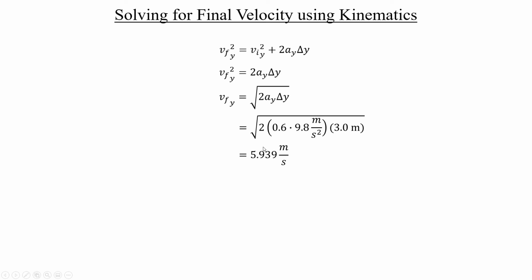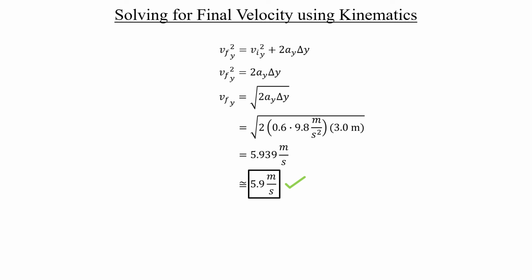So if we truncate right here, 3 is smaller than 5, so we ignore everything to the right of the 9, and our final answer, finally, is 5.9 meters per second.